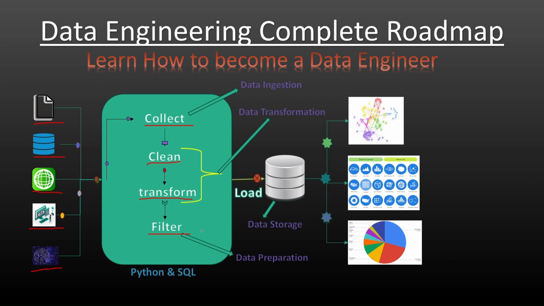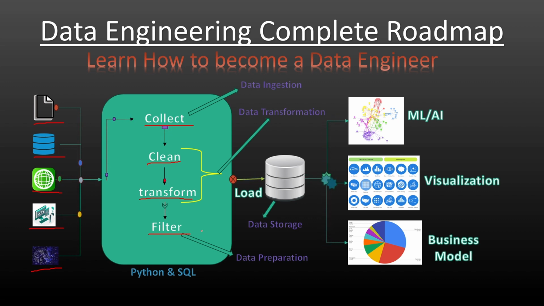Once the data is loaded into the target database, the business will use that data for various purposes, like a data scientist or ML, AI engineer uses it to find something to enhance the business. A business analyst will use it to take some decisions related to the business, and the industry's management will use it to prepare some reports and take decisions based on that.